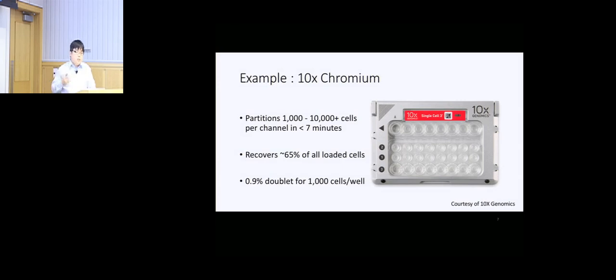So that's what it is. It's quite expensive. It's more expensive than the Drop-seq equipment you can set up. It varies by how much you sequence, but at least per well, you're going to have to spend about $2,000 or more. So if you're doing the 8 well, it's going to be close to $20,000.